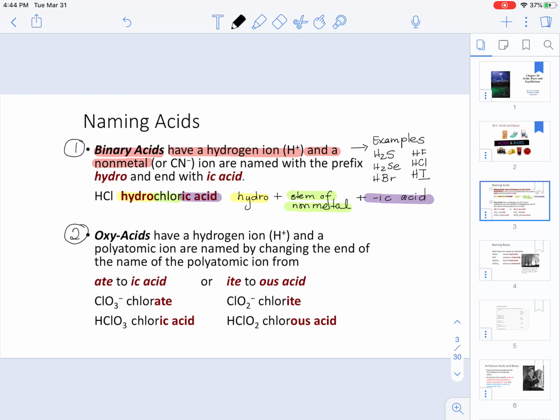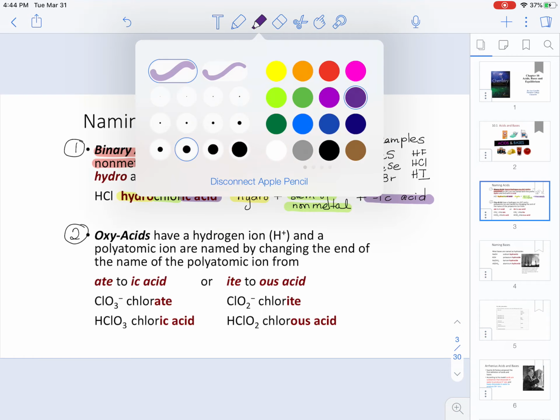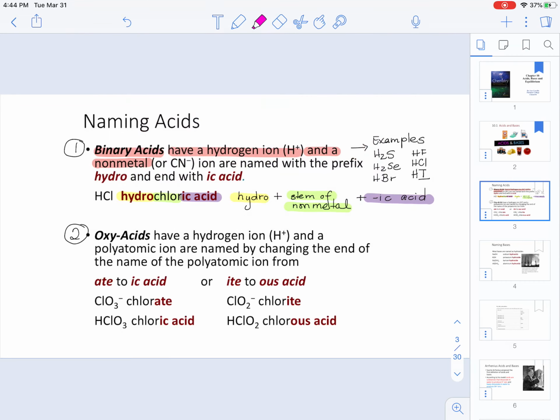When it comes to the oxyacids, they are going to have a hydrogen ion followed by a polyatomic ion. So for those of you that were thinking, okay, I can be done with the polyatomic ions, we are not done with them yet. Now, when it comes to naming, all you need to remember is the ending of that polyatomic ion.